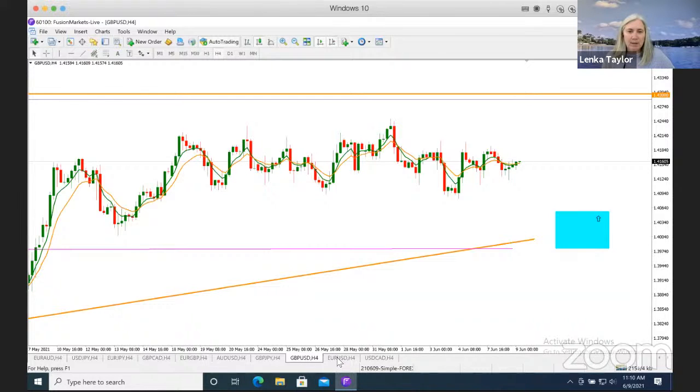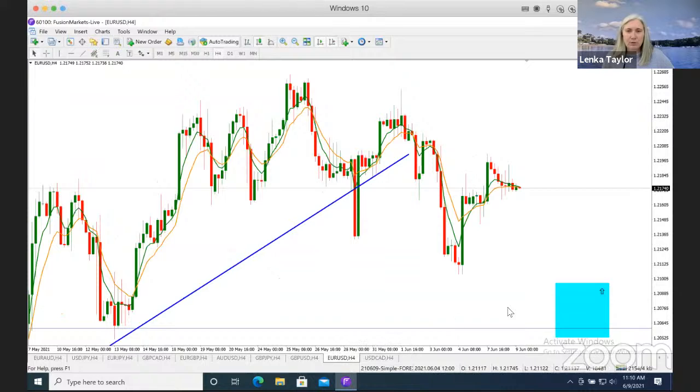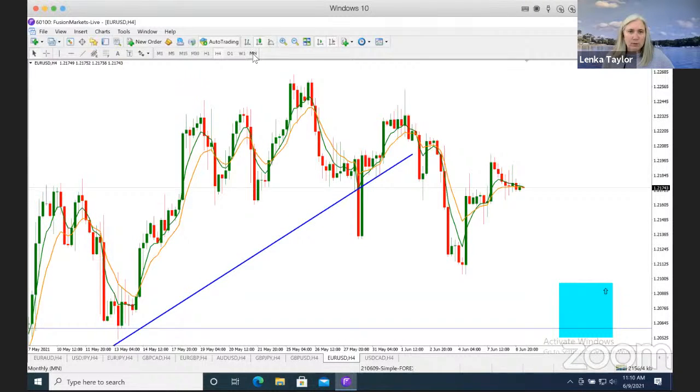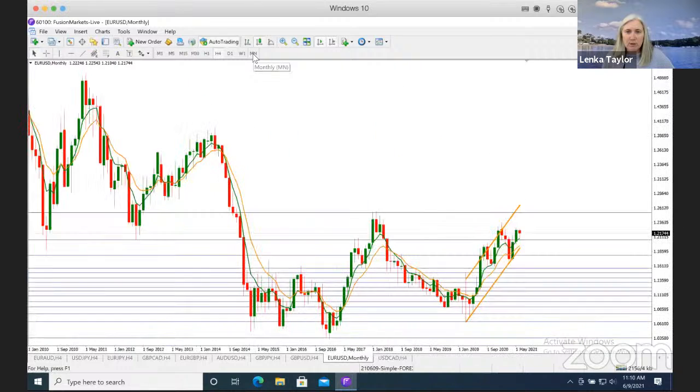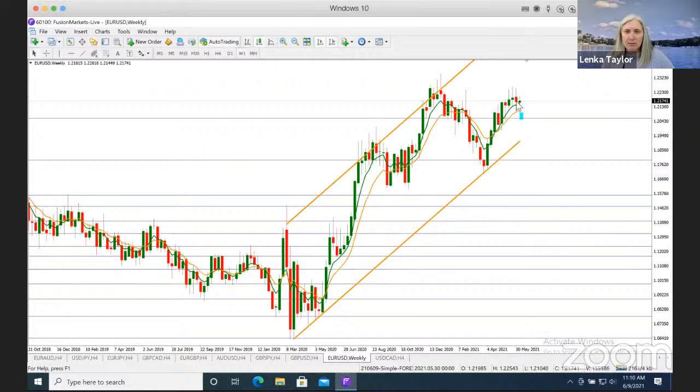Next currency pair I'm going to look at is Euro USD. So Euro USD, I'm still looking for a long. I was in this trade and got out last week, I think it was.